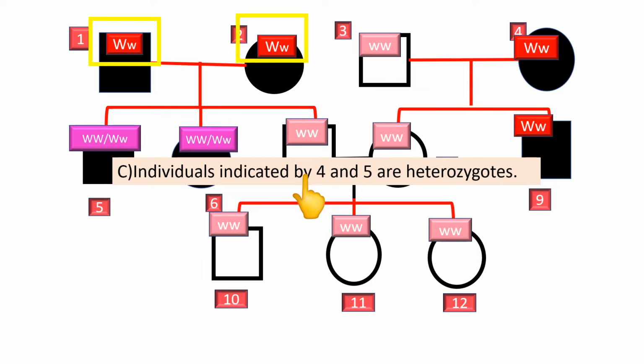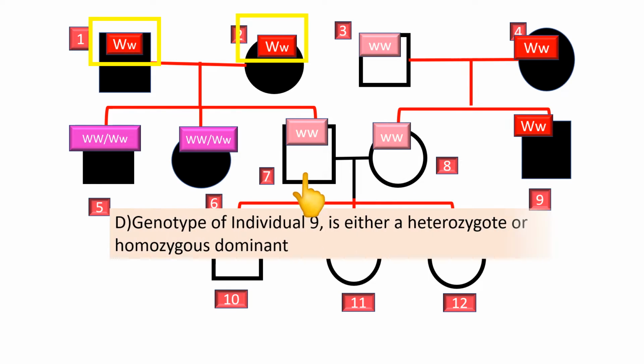Statement C is incorrect, because, though the mother of the second family indicated by number 4 is a heterozygote, the son of the first family indicated by number 5 can have either homozygous dominant or heterozygous genotype. Statement D is also incorrect because the son of the second family indicated by number 9 should be a heterozygote.